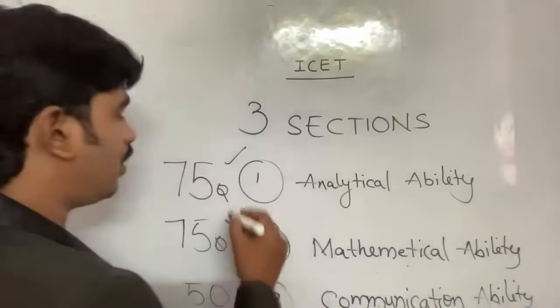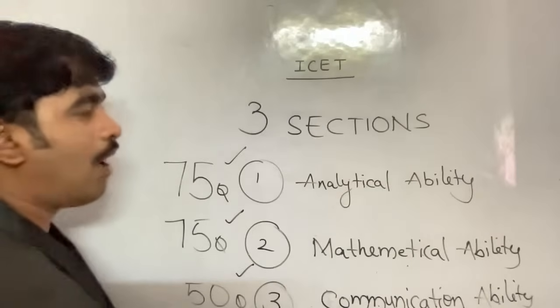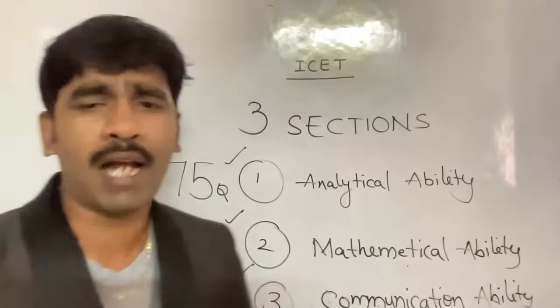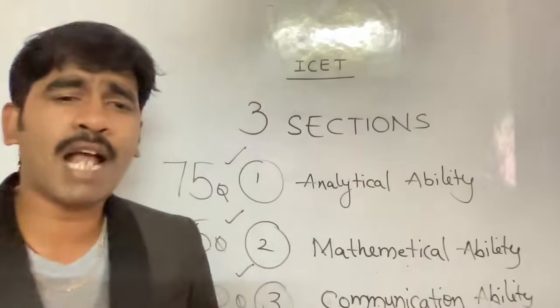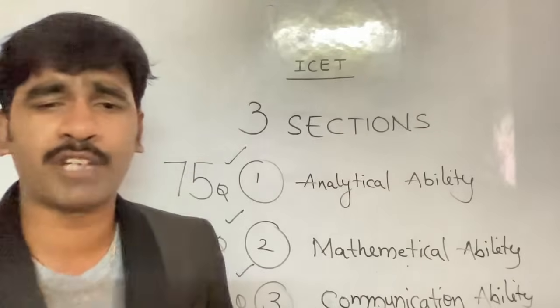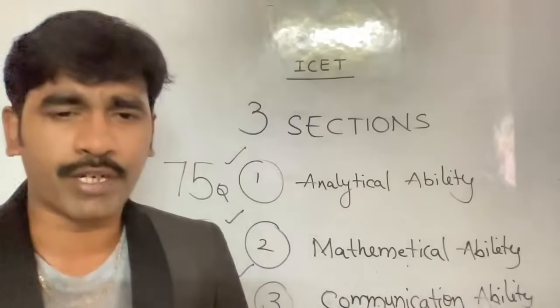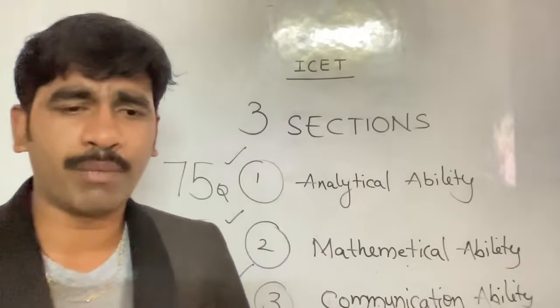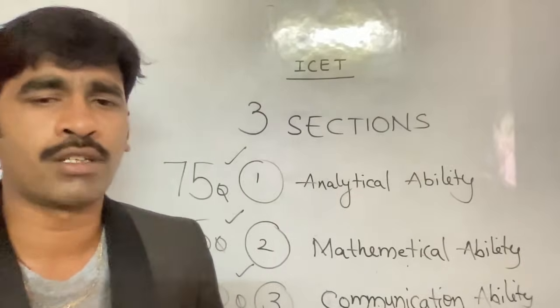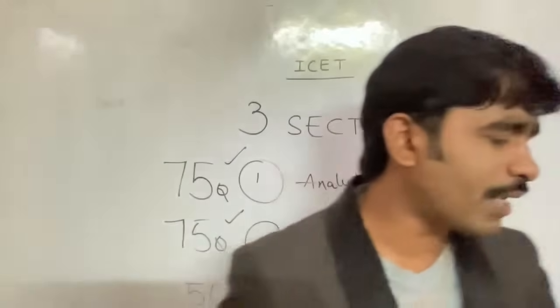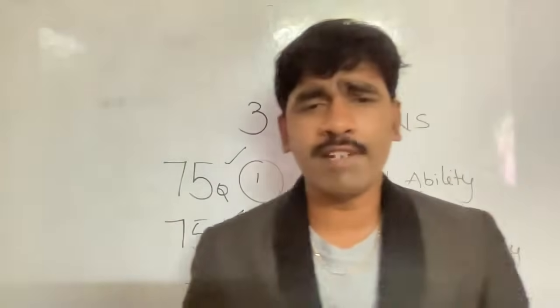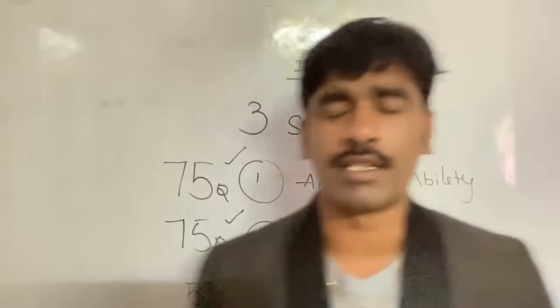Altogether you will have 200 questions, and the major challenging part in the examination is that you will have only 150 minutes of time to crack these questions. Students need to understand we will have less than a minute to solve each question.